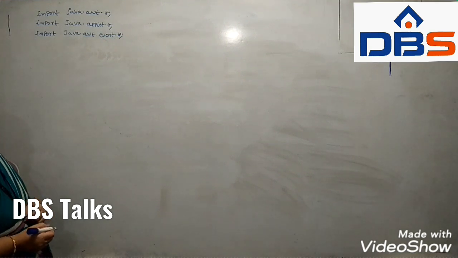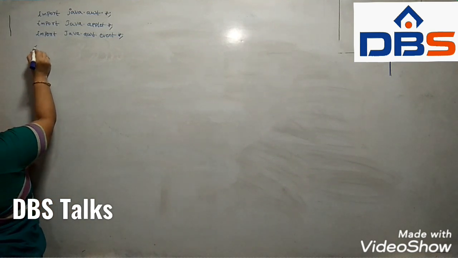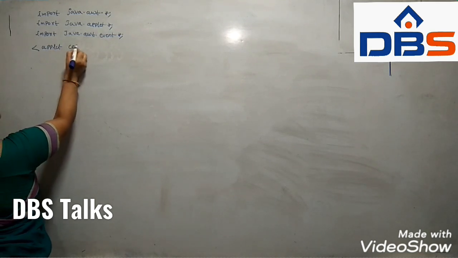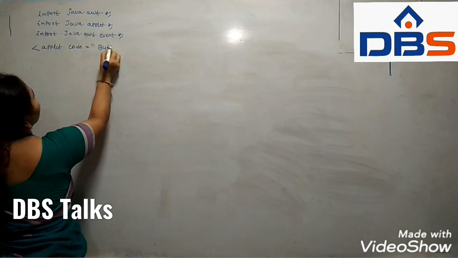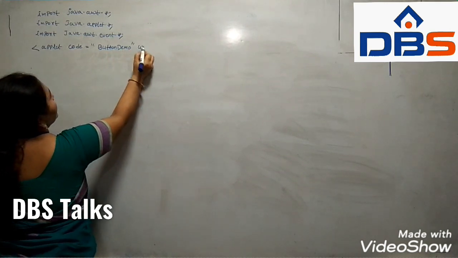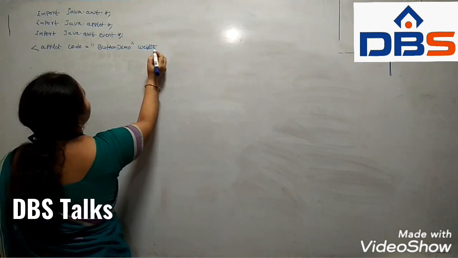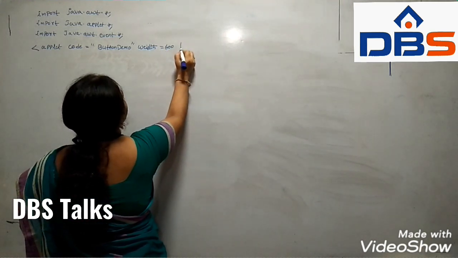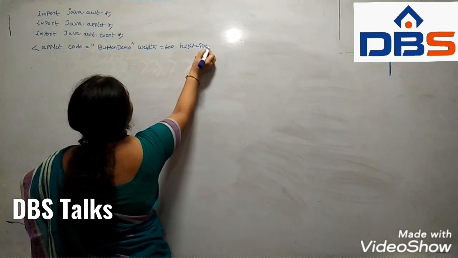We write the applet code to create the applet. So how to write that? Applet code for what, ma'am? ButtonDemo, width equal to 600, height equal to 500.